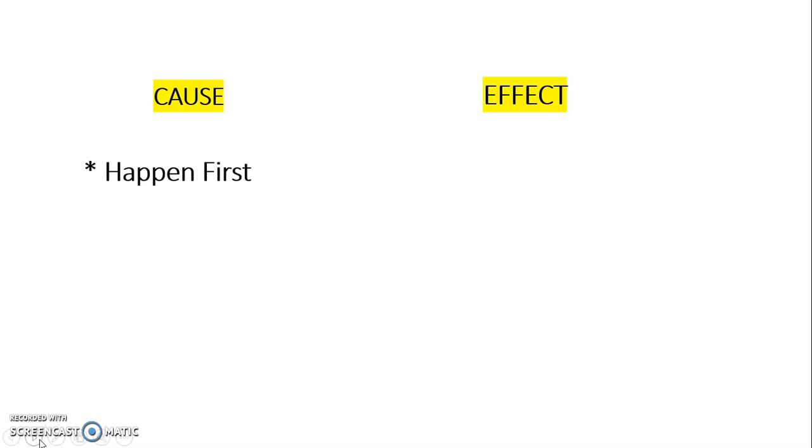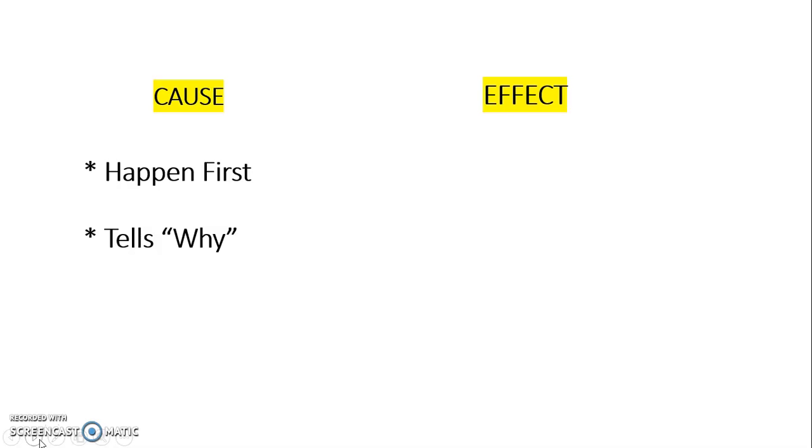Now we will talk about the function of cause and effect. You have to know how to identify cause and effect. The cause usually happens first and tells why: why did this happen?